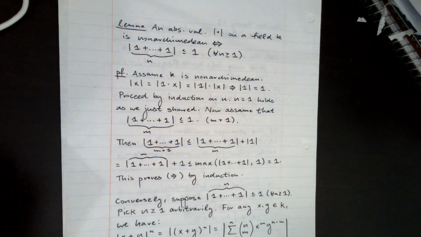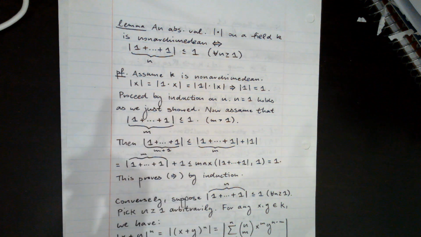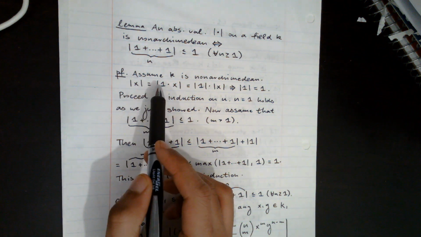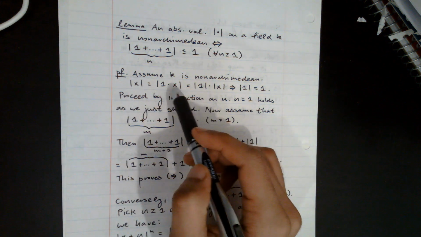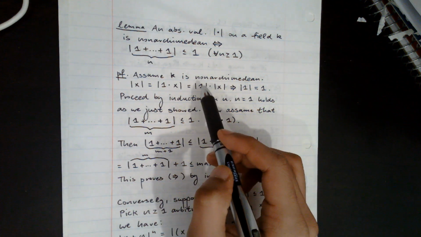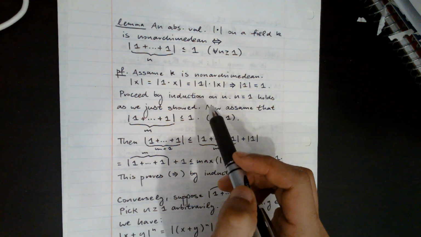Here we can write the absolute value of any non-zero element x, I should have specified this here, is equal to the absolute value of 1 times x. This is trivially x equals 1 times x. Then by homogeneity, we split this product into the absolute value of 1 times that of x.